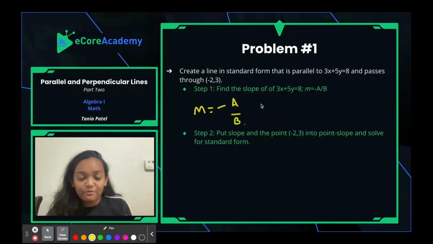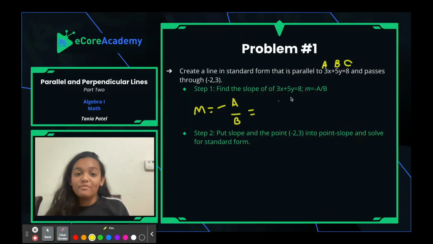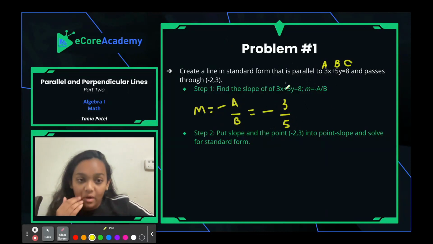I was overcomplicating it before. We know that in a standard equation, this is the a value, this is the b value, and this is the c value. It's an ax plus by equals c equation. That's the core of the standard form. So when we're trying to find the slope of this given equation, it's going to be -a, which is 3, over b, which is 5. So that is the slope of this equation.